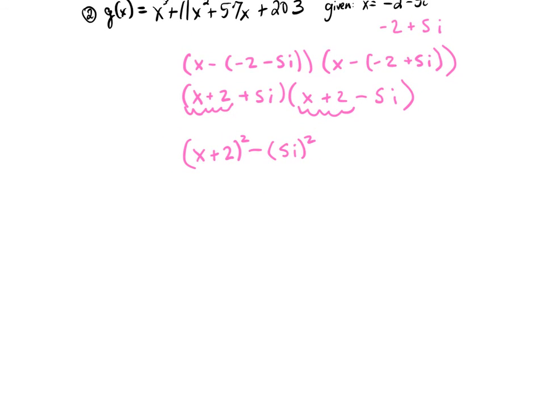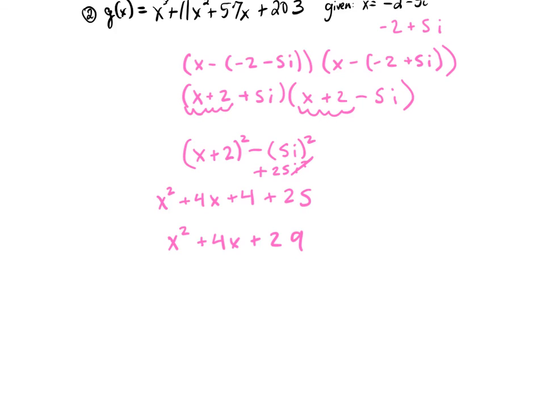We need to FOIL x plus 2 out, so we get x squared plus 4x plus 4. 5i squared would be 25i squared. The i squared changes this to a plus. Now we just combine our like terms. So we have x squared plus 4x plus 29.